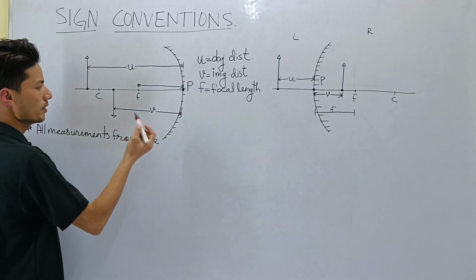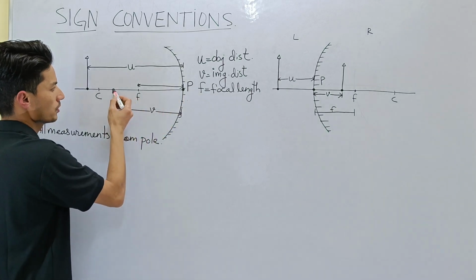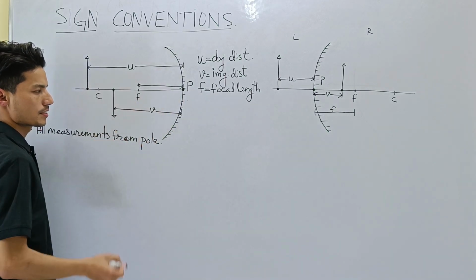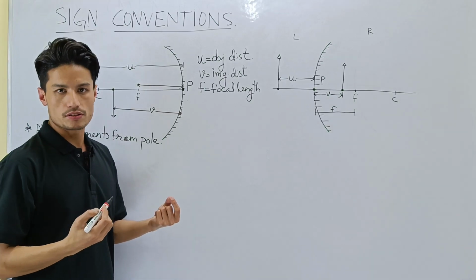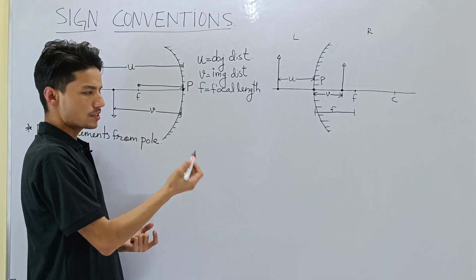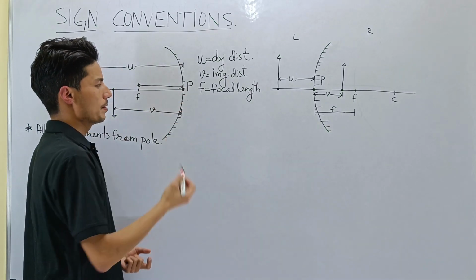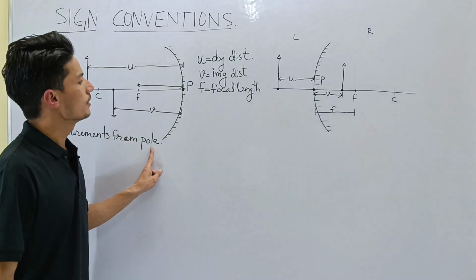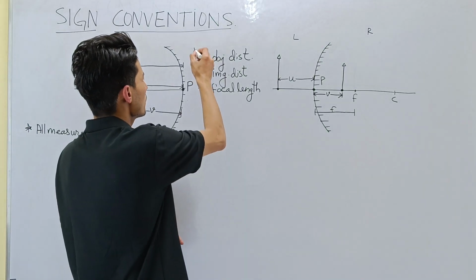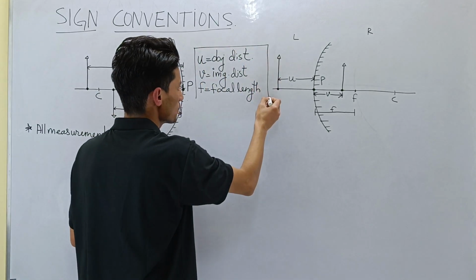Let's come to the concave mirror. V will be from the pole to this point. This is called image distance, and F stands for focal length. So focal length is the length of the focus with respect to the pole. Remember, all measurements start from the pole. These three belong to one set, so you can just put a box.